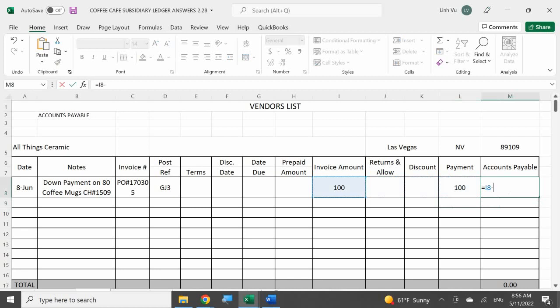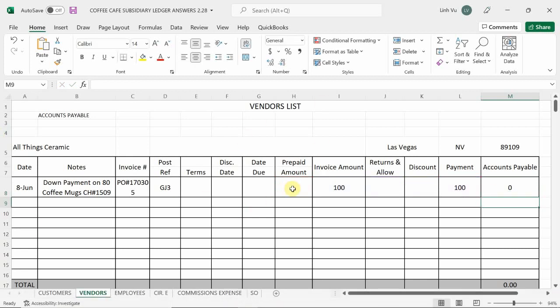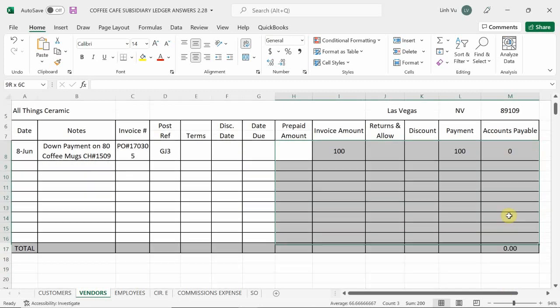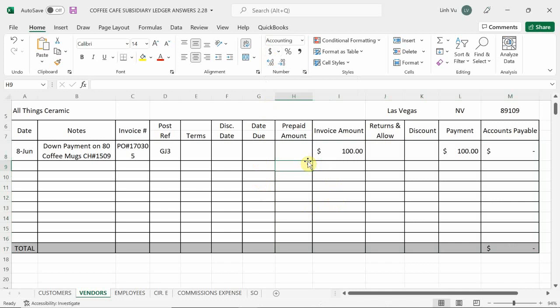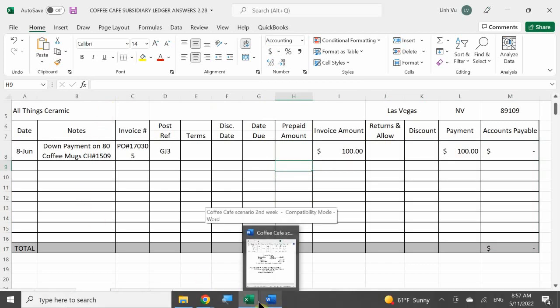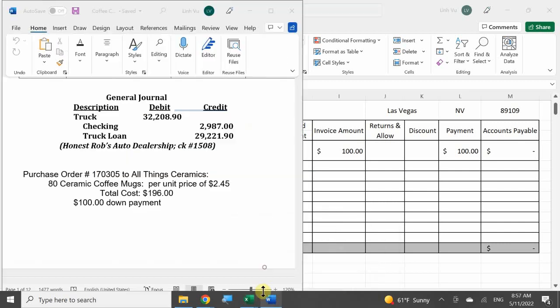If you run your formula one more time, invoice amount minus prepaid minus returns minus discounts minus payments should give you $0. That's for now, because you don't owe All Things Ceramics anything.